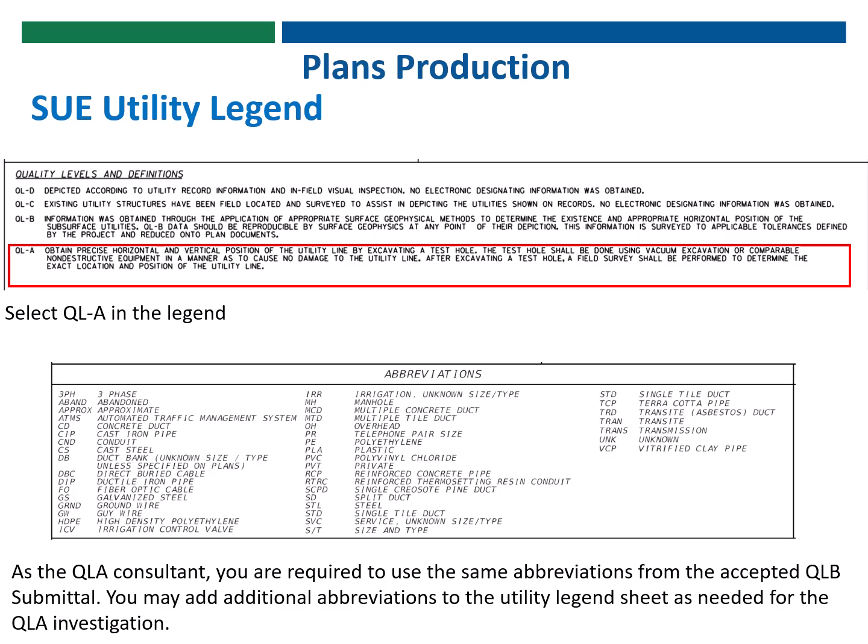So currently you are required to use the same abbreviations that were used during the QLB investigation. If there weren't abbreviations for certain items that you want to abbreviate, you can add those to the abbreviations list on the SUE legend and then use those throughout the test hole forms. But if there's already an abbreviation for that certain item, you are to use that same abbreviation that was previously used.